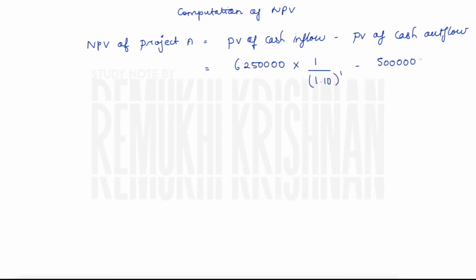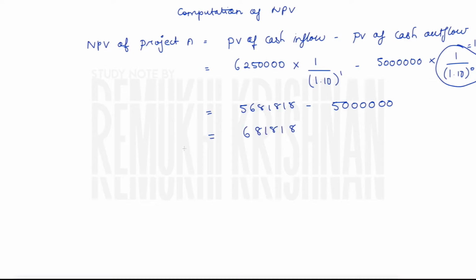After inputting all these given data, I will arrive at my net present value of project A. It is nothing but 6,81,818.